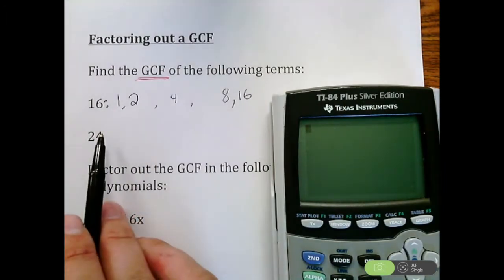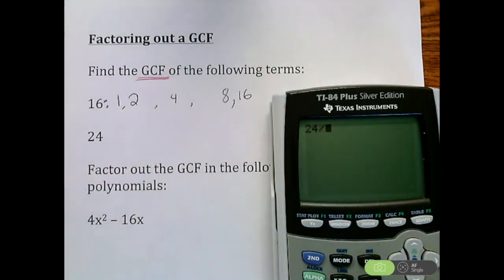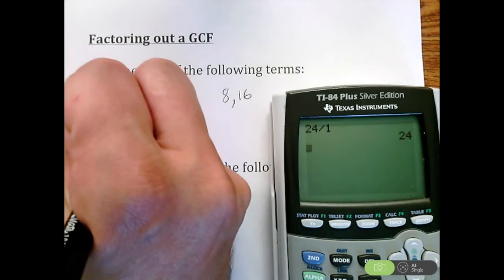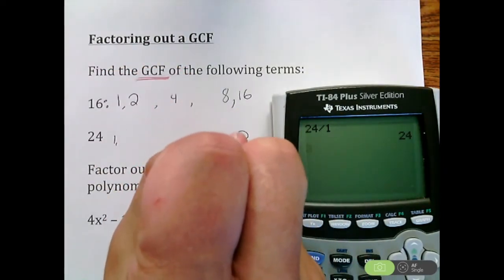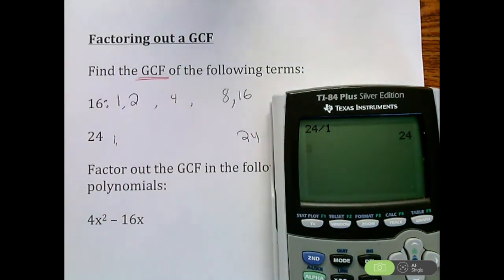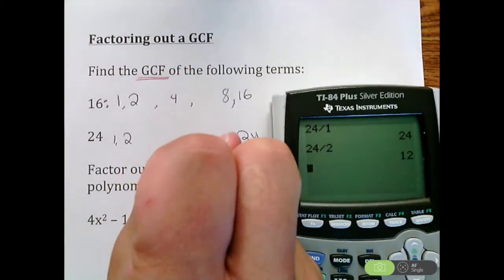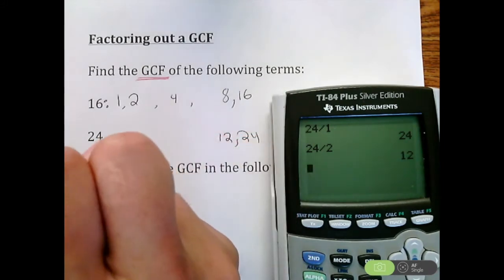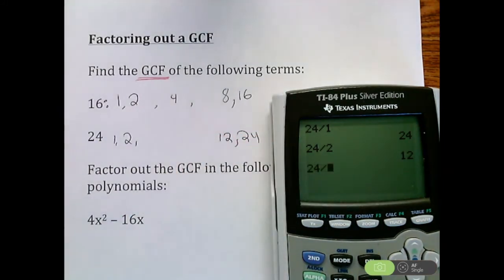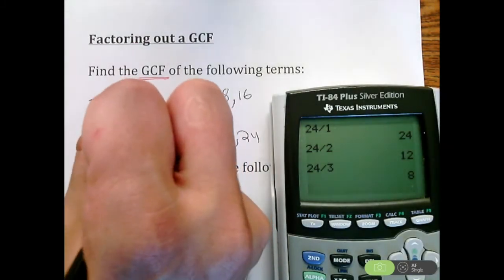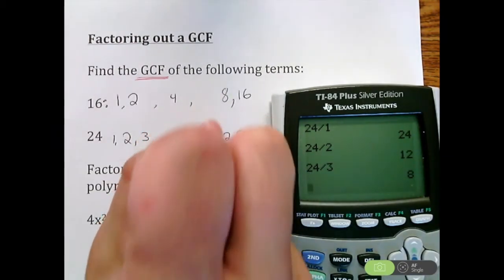So now I'm going to do the same thing, but I'm going to do this with 24. So I need to list out all the numbers that multiply to 24. So we're going to have 1 all the way up to 24. Then we're going to take 24 divided by 2. And I realize 2 times 12 gives me 24. Then I go to 3, 24 divided by 3. So I know 3 times 8 gives me 24.